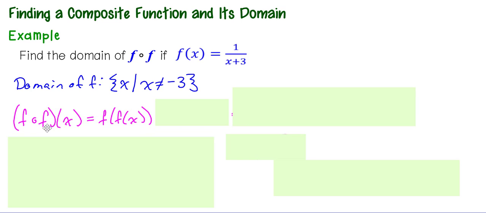So f composed with f of x is f of f of x. And we're going to take and find f of 1 over x plus 3.